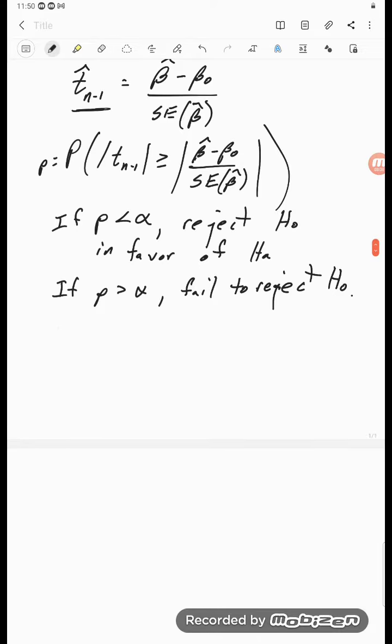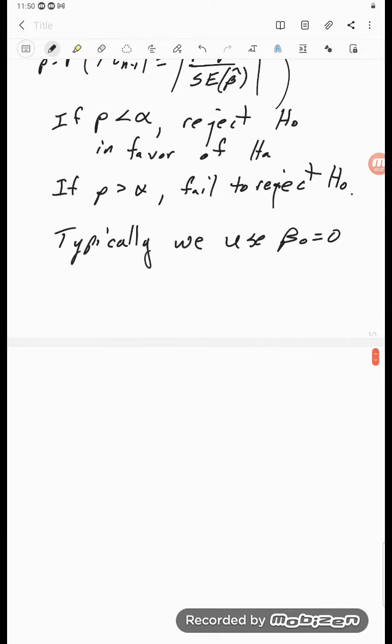Now, typically, we use beta 0 equals 0 for our H0, our null hypothesis.